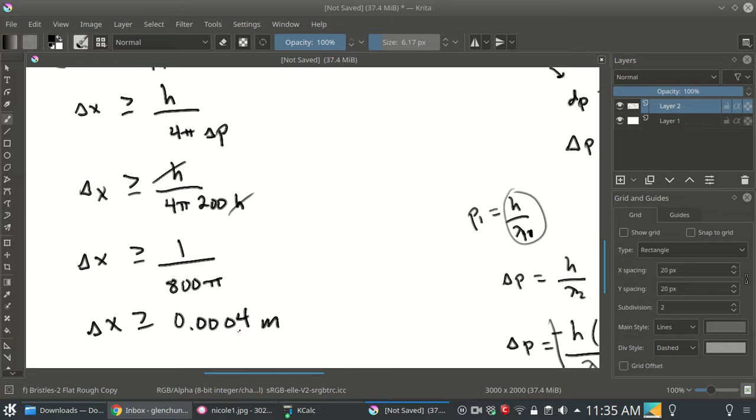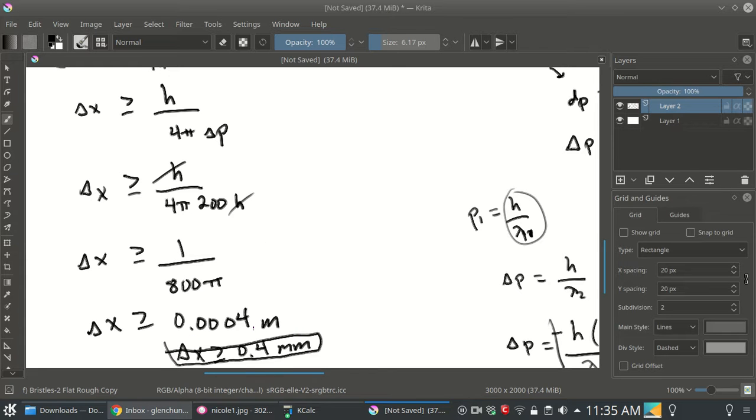So what is that? That is 0.4 millimeters. So delta x is greater than or equal to 0.4 millimeters, or, if you prefer, 400 micrometers. All right, so that's what I'm getting for delta x in part A.